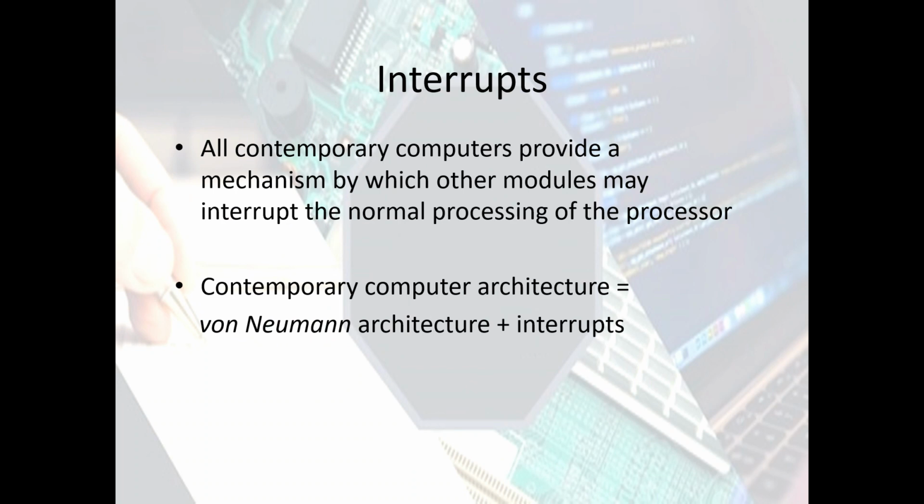Interrupts in the context of computing refer to signals or events that temporarily halt the normal execution of a program to shift the attention of the central processing unit to address a specific condition or event. In simpler terms, interrupts are mechanisms that allow a computer to respond promptly to external stimuli such as signals from input devices, requests for attention, or other events that require immediate processing.